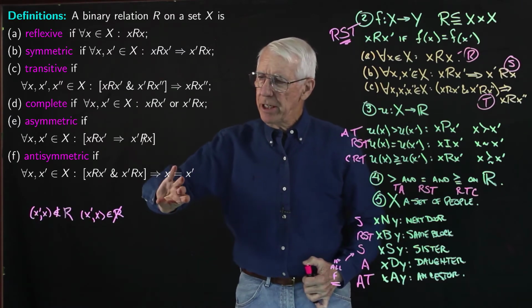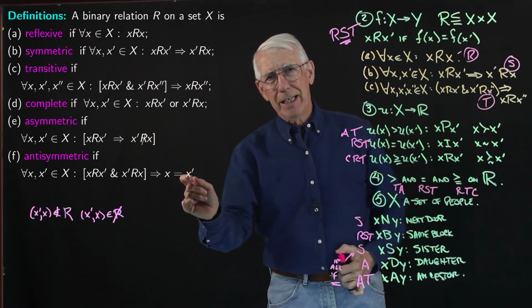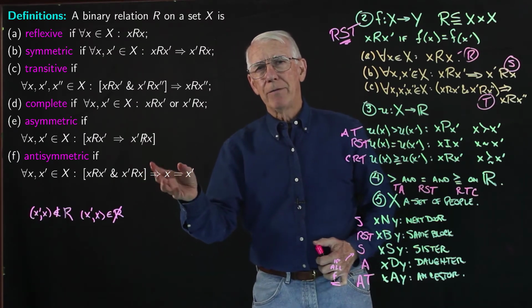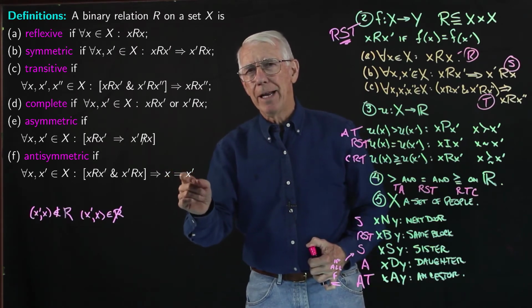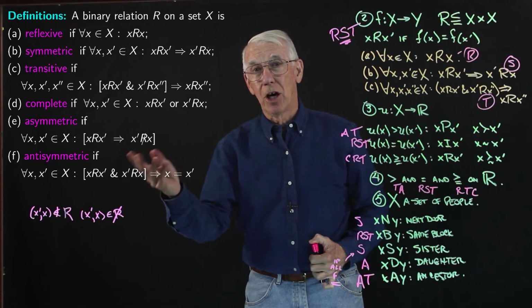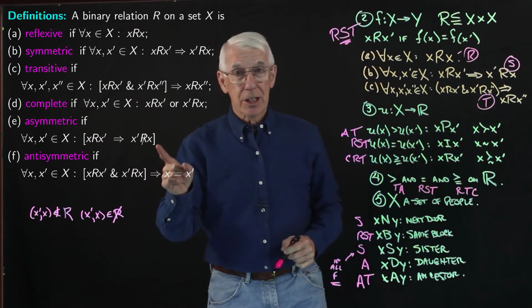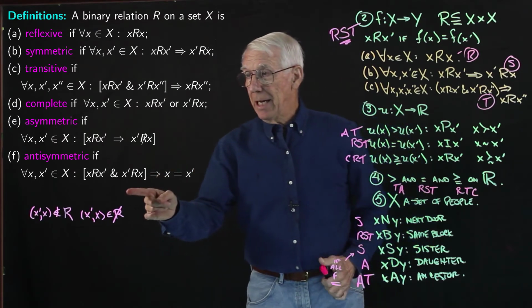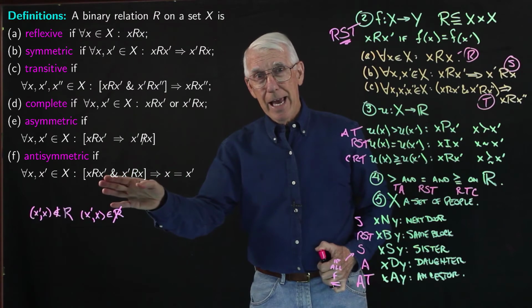You could say this in the contrapositive by saying if x prime is not equal to x, that is, if we have two distinct elements, it can't be the case that both x prime R x and x R x prime happen. So then it's clear that an asymmetric relation is antisymmetric.